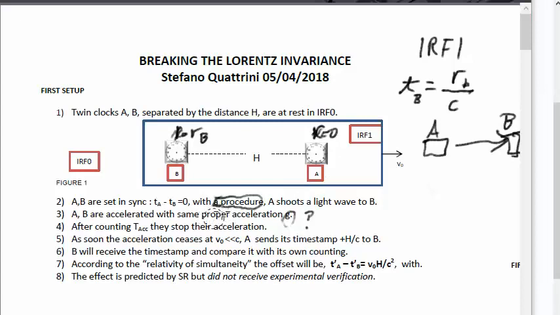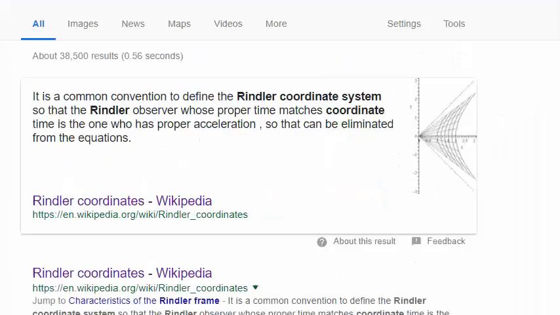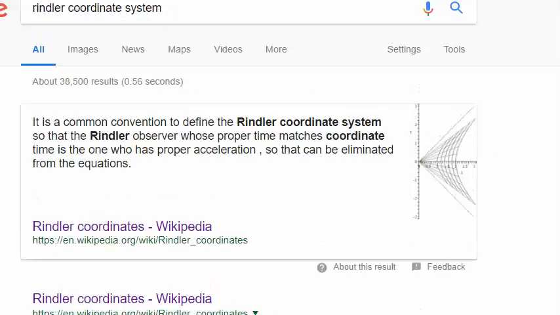By the way, what is a proper acceleration? Let's kind of go into this in a little bit of detail. It's something that I kind of need to review, and I know the Wikipedia article is horrible on this. So probably the best place to find an answer to this question is in the Rindler coordinates on Wikipedia.